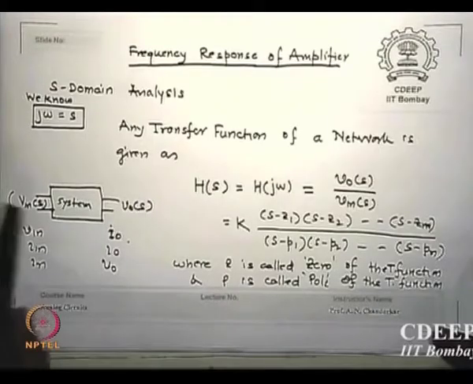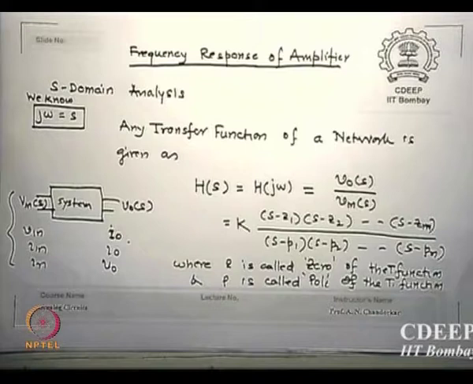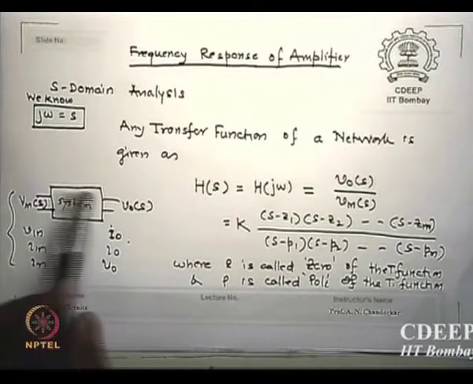The ratio of output to input is called the transfer function. So how many kinds of transfer function could this system have? Four kinds.